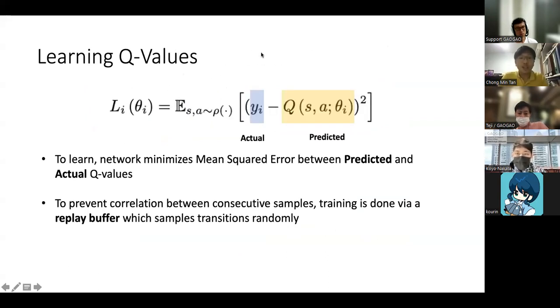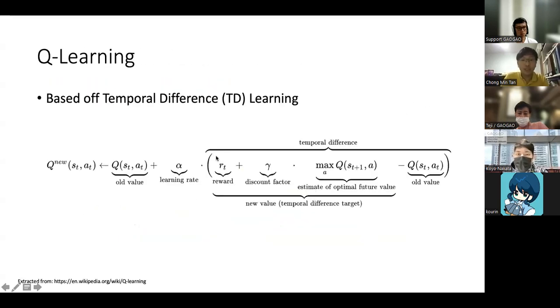Okay, so how do we learn these Q values? Earlier you saw that in temporal difference learning, we step from the old value to the new value. In neural networks, it's a little different. We don't really have the opportunity to do this update here, because there are too many states and too many actions.